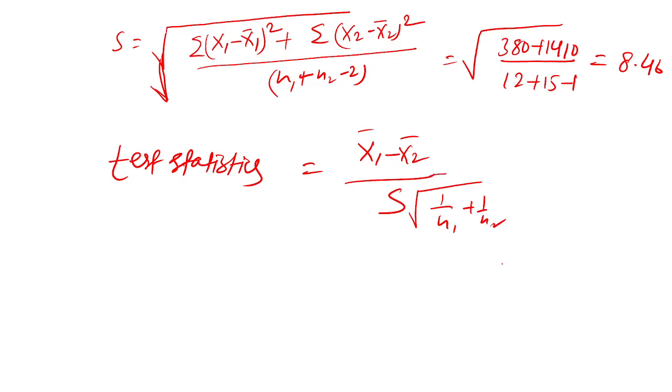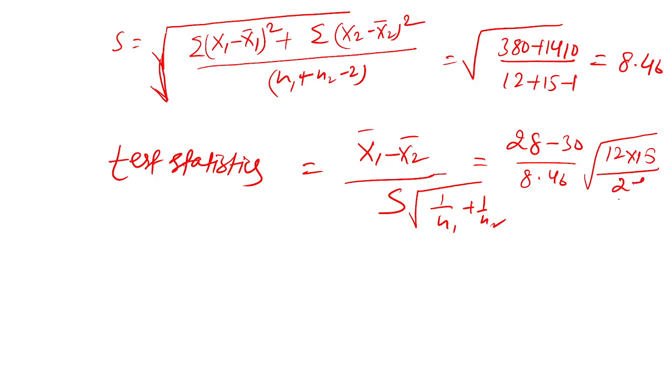Is the formula correct? 28 minus 30 upon 8.46. If you take n1 and n2, 12 into 15 plus n1 plus n2, 27. So it will become minus 0.61.